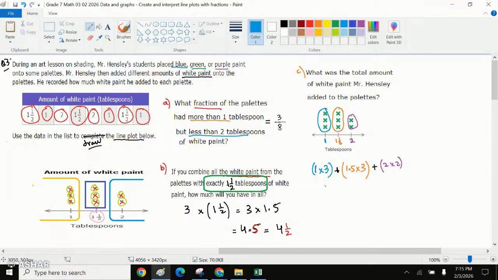So 1 multiplied by 3 is 3, plus, as we already found out in part B, 4.5, plus 2 plus 2 is 4. When we add them together, 4 plus 4 is 8, 8 plus 3 is 11, and 11.5. That means a total of 11.5, or 11 whole 1/2 tablespoons of white. Agreed? So Mr. Hensley used this many.